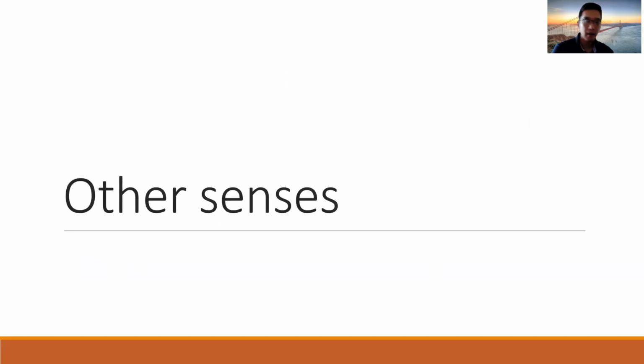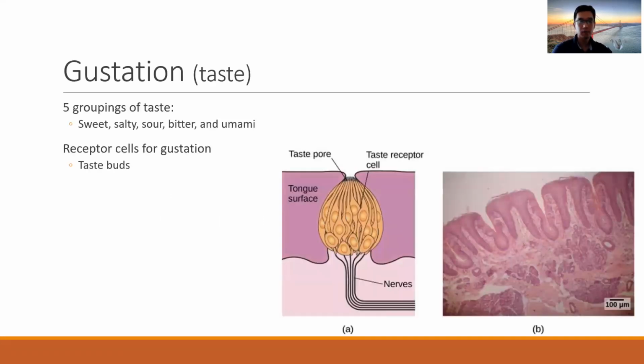So let's talk about other senses besides audition and vision. The next one is gustation. It's about tasting. There are 5 kinds of tastes in total. All the food we eat has either one or a combination of these 5 tastes. One is sweet, that's easy to understand.